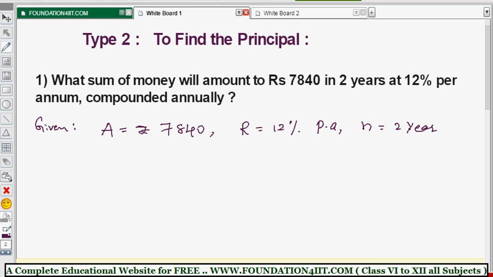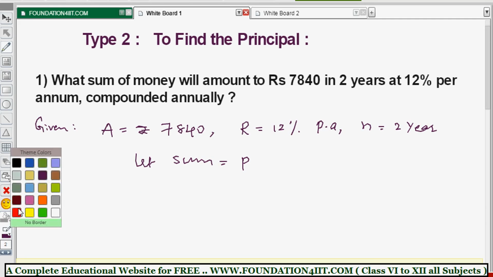Now let the required sum, whatever is required, the principal, you need to find. So let the sum be P. So in place of the principal, we'll keep P as it is, then apply the formula.